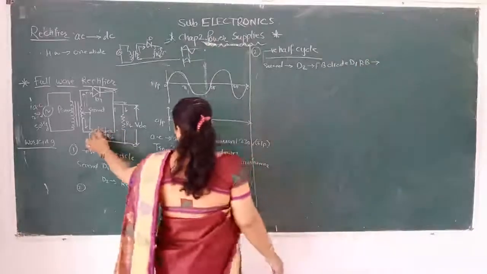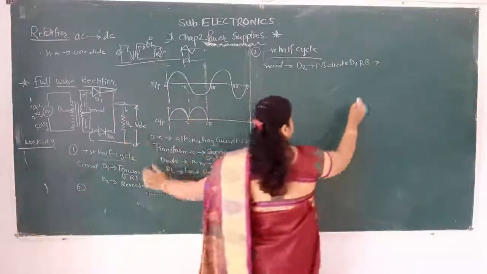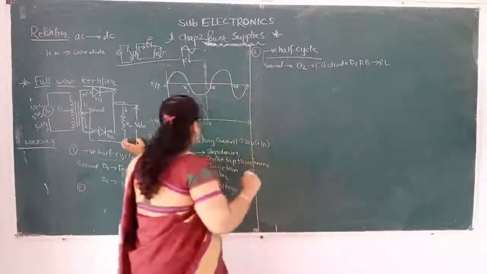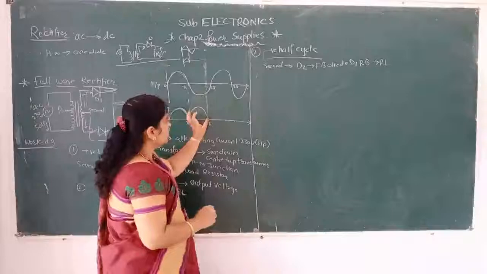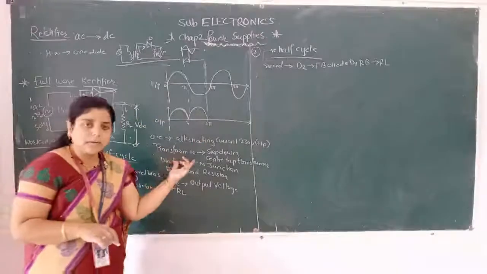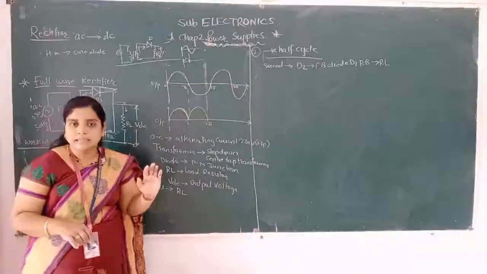Current will flow through the diode D2 to the load resistance RL. Therefore, at that time only the second diode is rectified, or the second waveform is rectified.